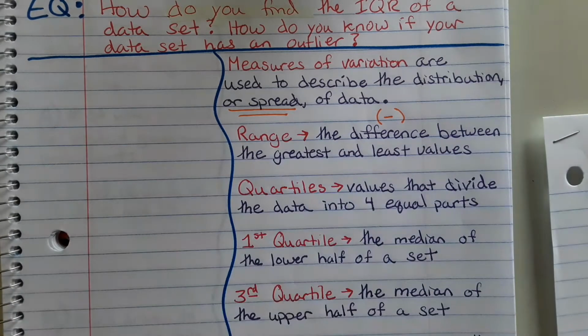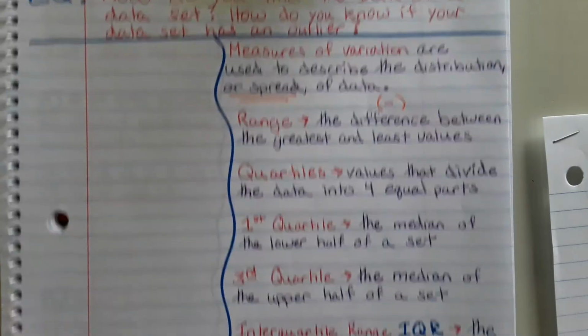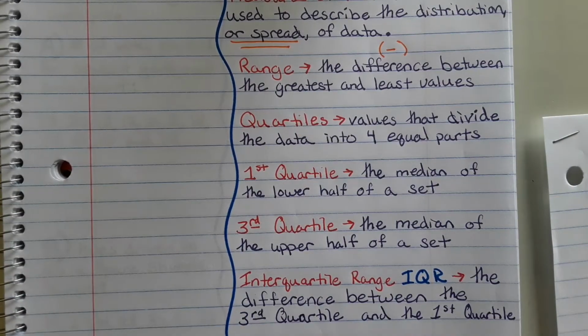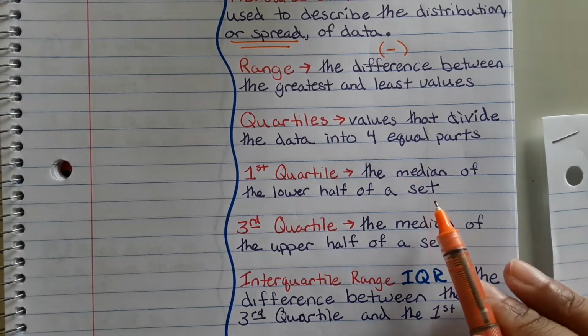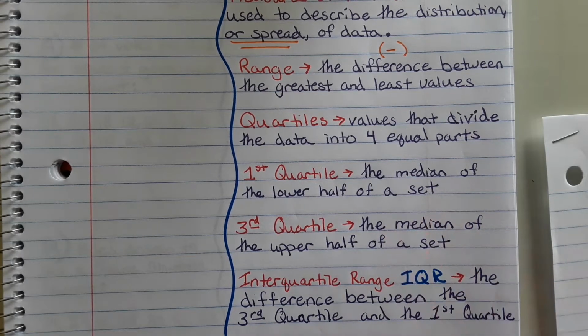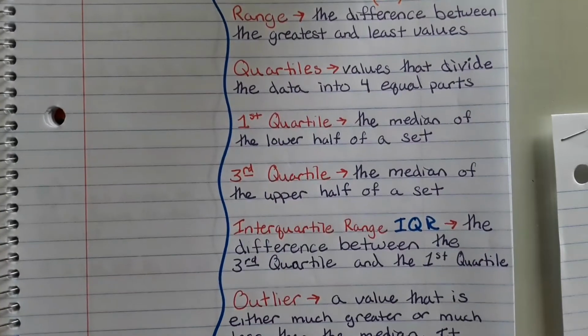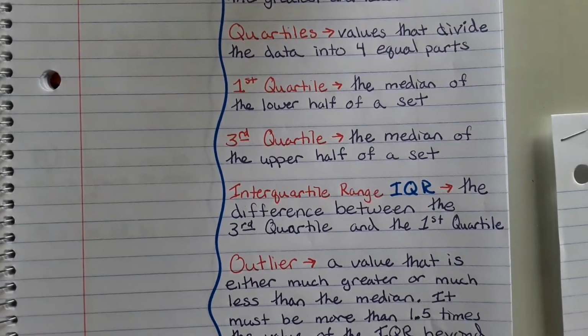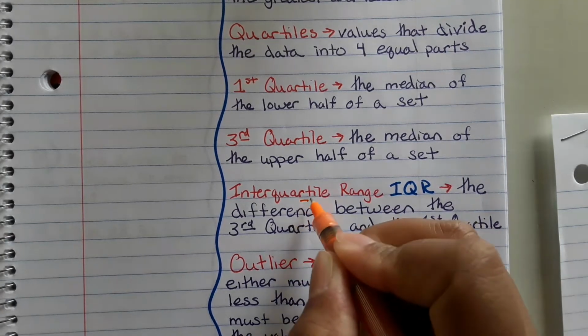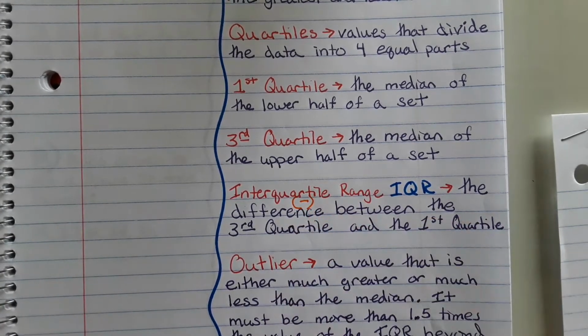Now, the third quartile is the median of the upper half of the data, and the first quartile is the median of the lower half. So I just modeled for you basically what we're doing. Now our IQR is known as the interquartile range, and that's going to be the difference. So again, you're going to be subtracting the first quartile from the third quartile.